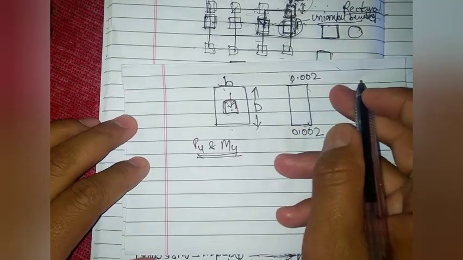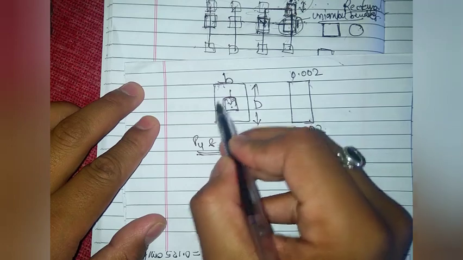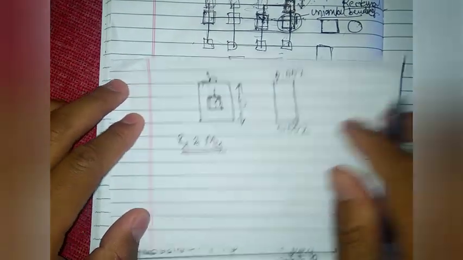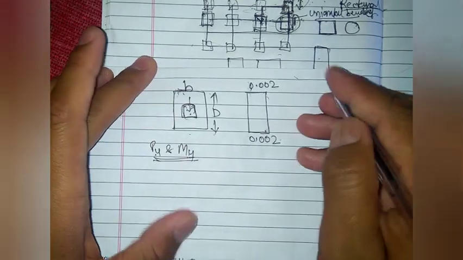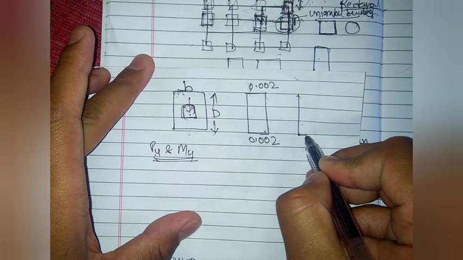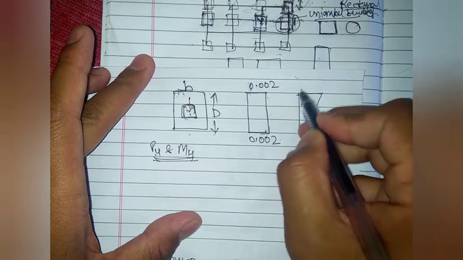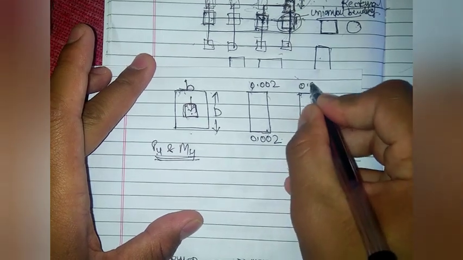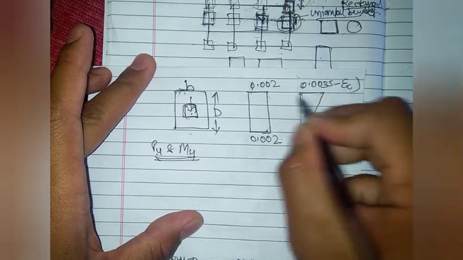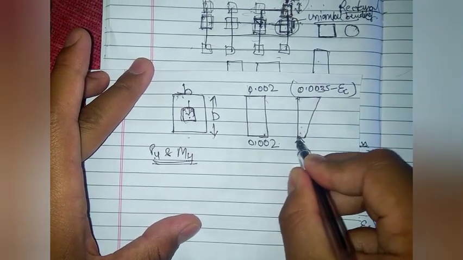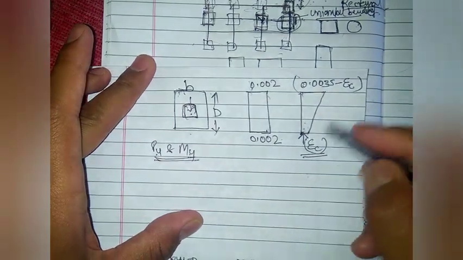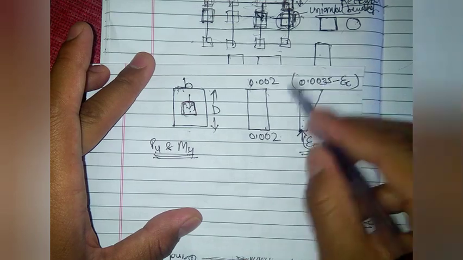If this section is acted on by both Pu and Mu, then the strain in your outermost compression fiber will be given by this diagram, and the strain in the outermost fiber will be 0.0035 minus epsilon c, if the strain in the least compressed fiber is epsilon c. This is the assumption we have discussed for bending.